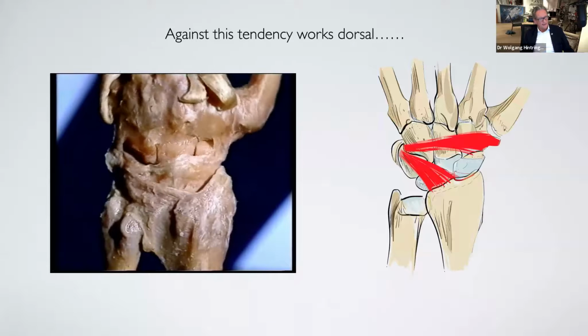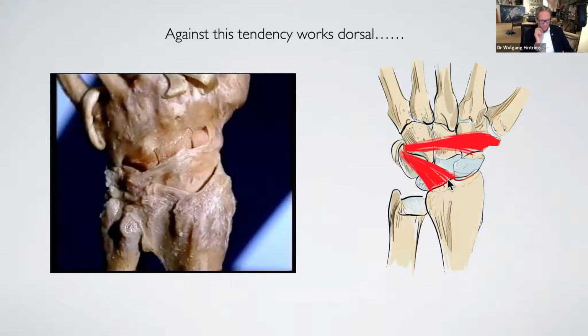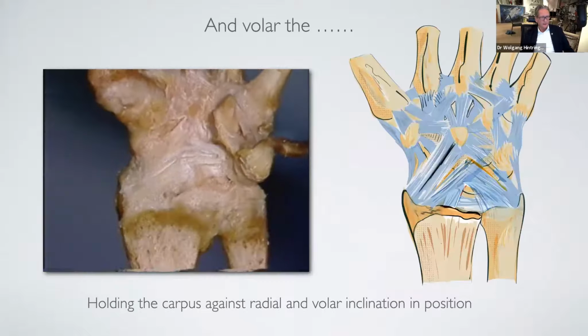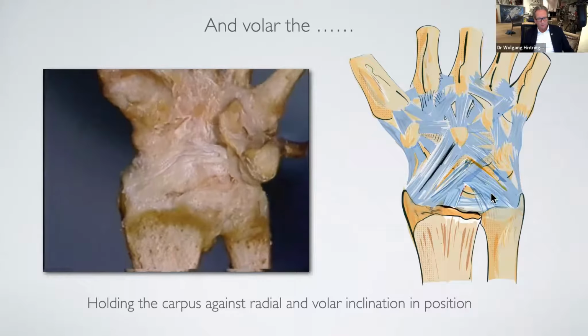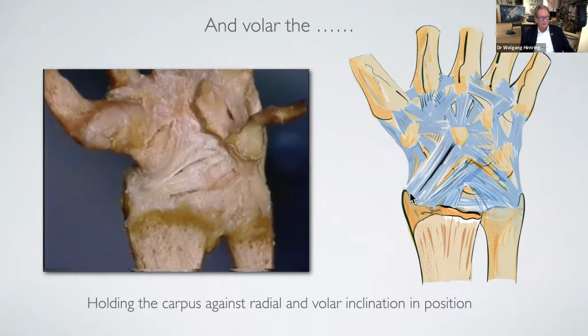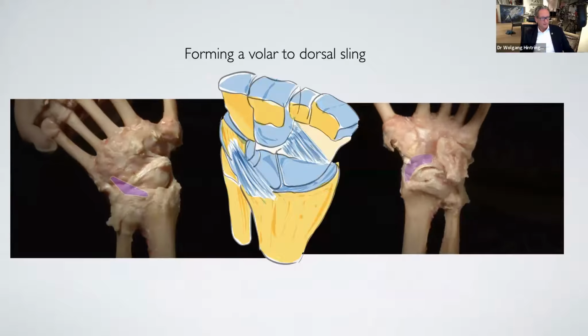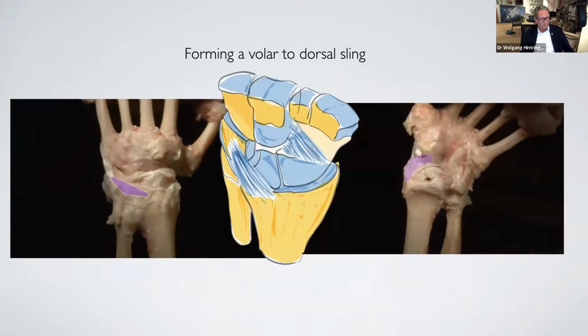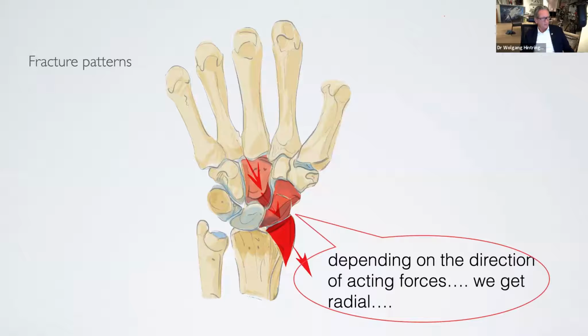Against this tendency works on the dorsal side the so-called dorsal V ligament, and on the volar side the two volar ligaments, the proximal and distal volar ligament, hold the carpus in position. Together, the dorsal and volar ligaments form a sling which holds the carpus in position.